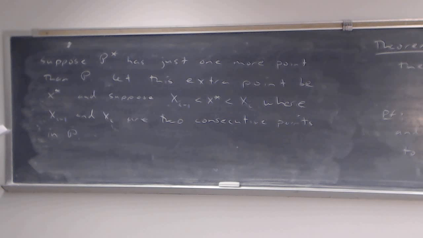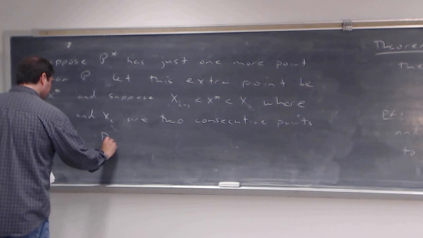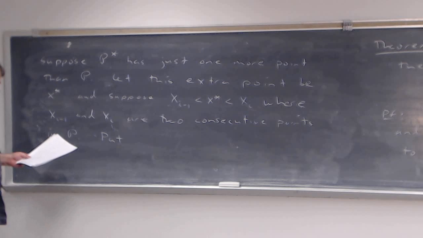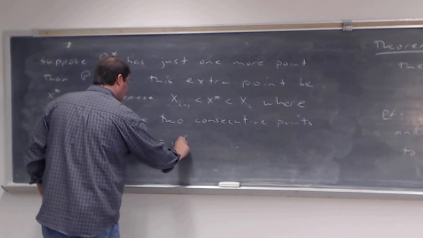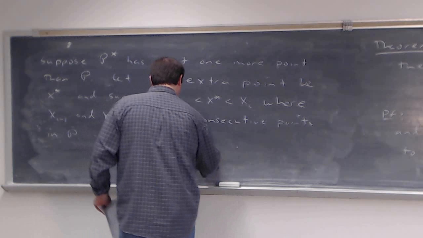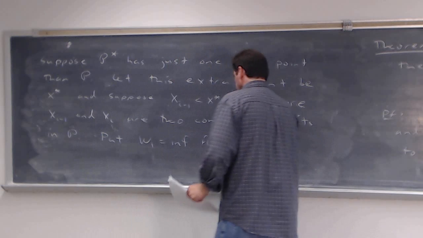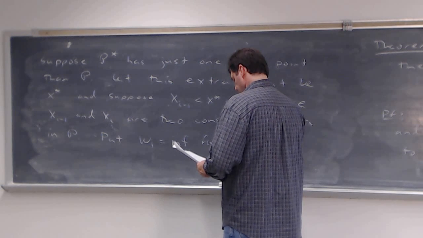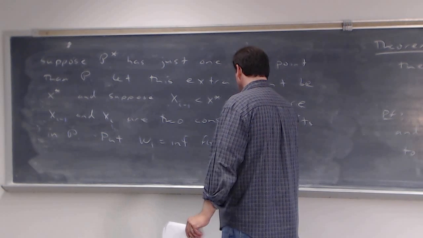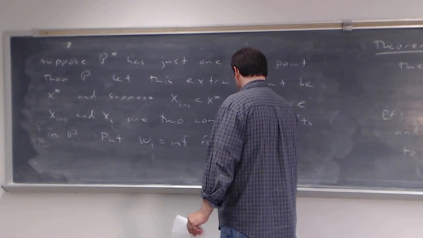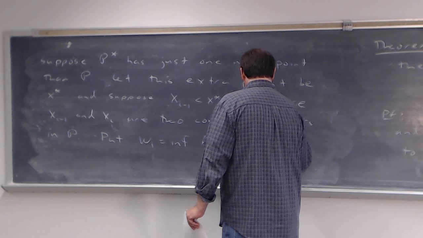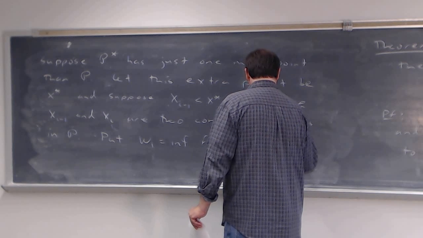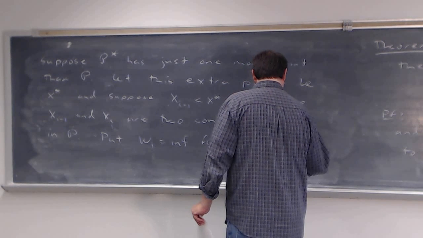Okay. Now, for notation's sake, what we'll say is we put W sub 1 is equal to the infimum of all the f of x, and this is for x sub i minus 1 less than x less than x sub i.